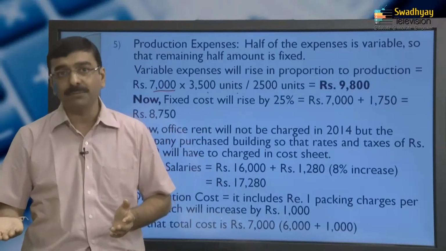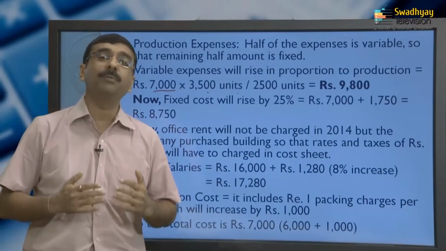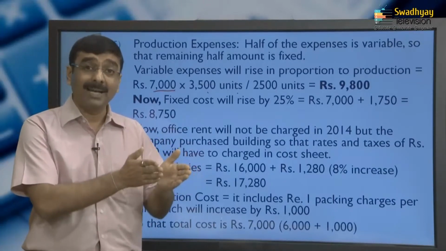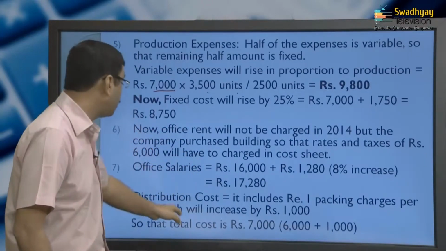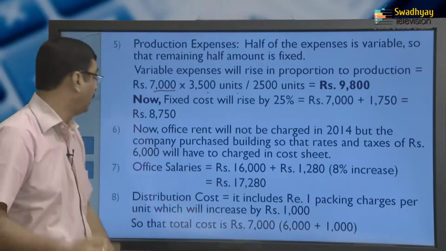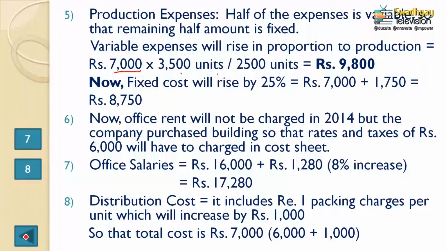But now in 2014 onwards we will manufacture 3500 units. So it increased by 1000 units and it is clearly mentioned that the distribution cost and packing charges will increase rupee 1 per unit. So how many units are going to increase in the year 2014? That is 1000. So 1000 units at 1 rupee per unit comes to 1000. Last year the total distribution expenditure was 6000, but because of the increase of rupees 1000, the total distribution cost comes to 7000 rupees.